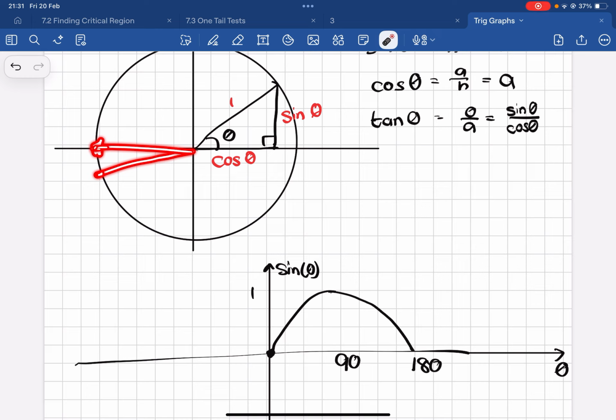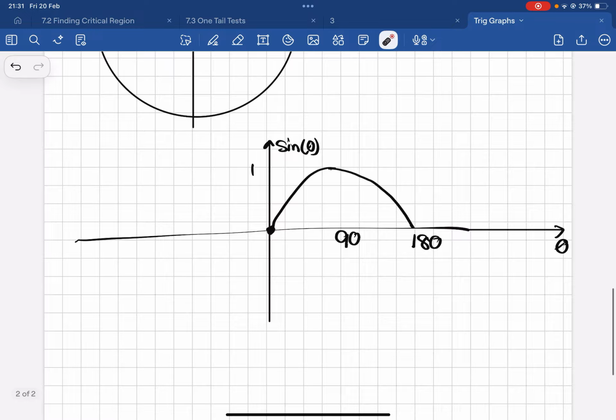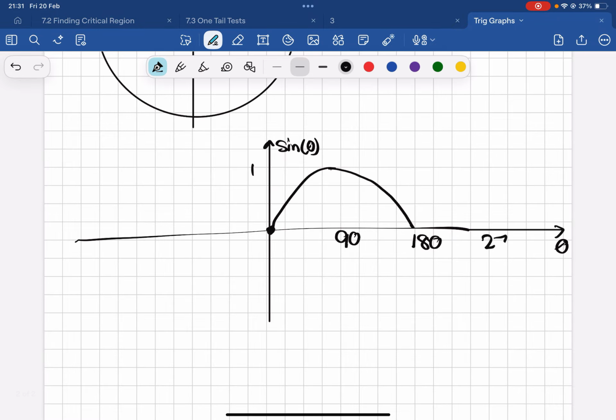The height here was 0. Now we're going into the minuses, so minus 0 point something up until minus 1. This is from 180 to 270, so we're going towards minus 1. Let's put that on our axis, minus 1. Again, we're getting a similar shape.